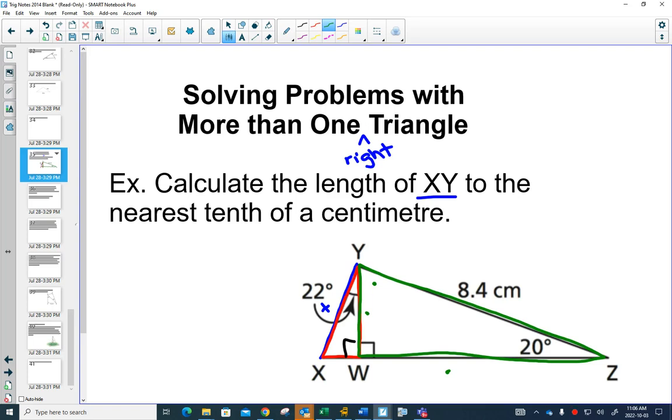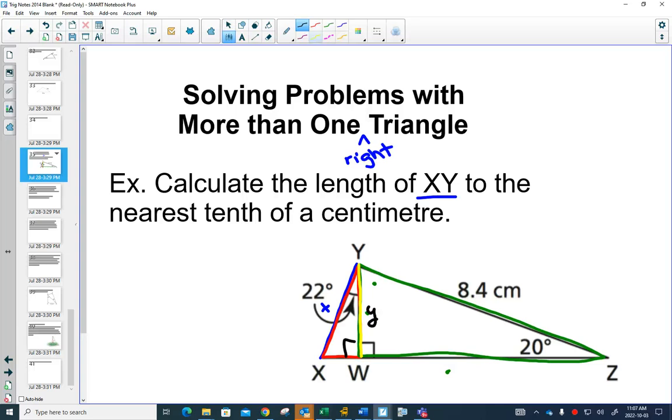We should find, I'm going to highlight it, you're right, we should find this one, right? Why would we want to find that one? It's the only one that's connected to that red triangle. So I'm going to pick a different letter, because I've already said I'm going to make x this one. What letter would you like to use? A little y? Okay. So I'm going to put a little y right here.